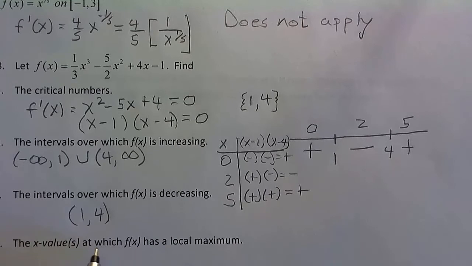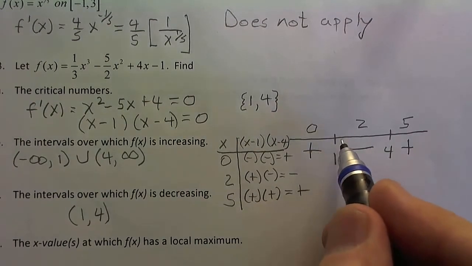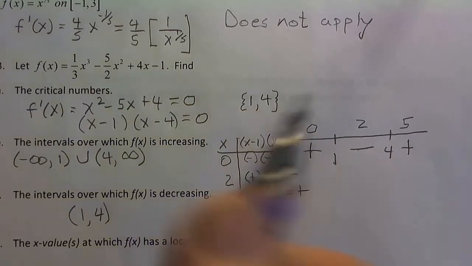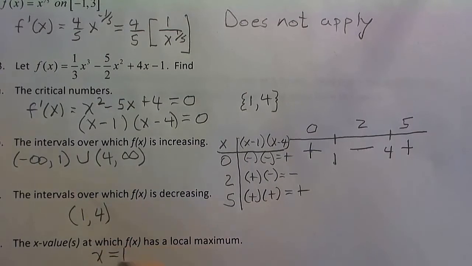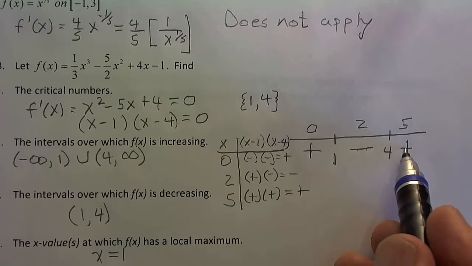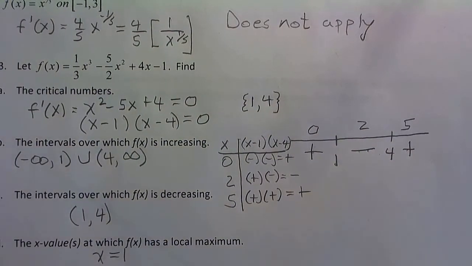Now, the x values at which f has a maximum. Okay, so we're using the first derivative test. The function was increasing, and then it started to decrease here at 1. So there's a maximum at x equals 1. It has a minimum where the function was decreasing and then started to increase. So there's a minimum at x equals 4. Okay?